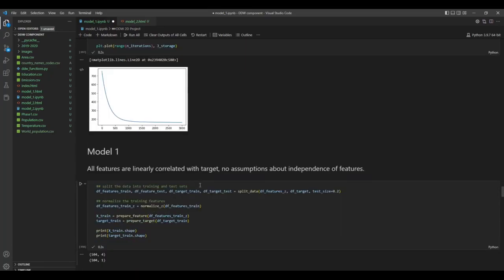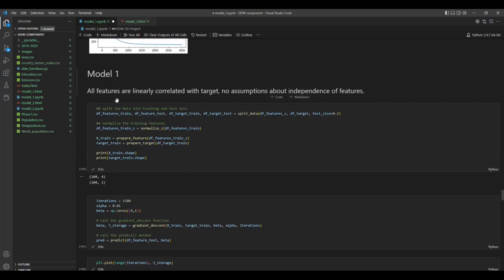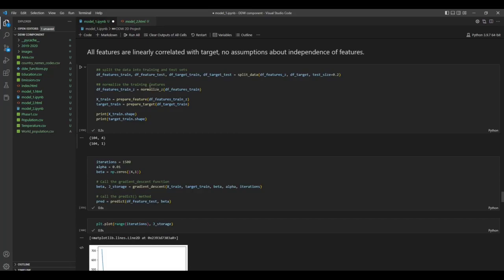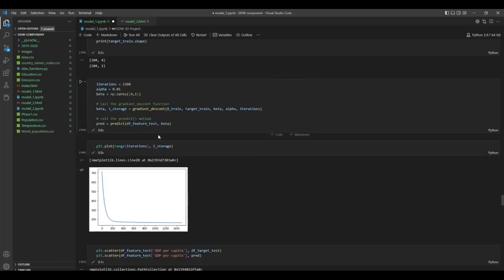So for our first model, we chose all our features to be linearly correlated with the target. We split the data into training and test sets. Then we normalized the features. And then we prepared the feature and the target. We had to account for all the betas from beta 0 to beta 3.